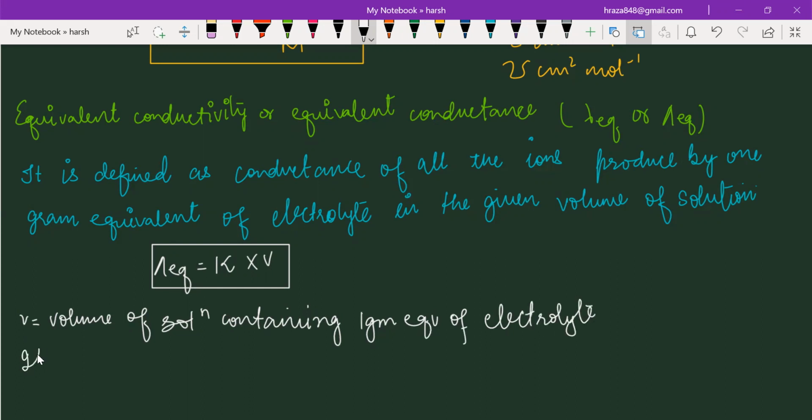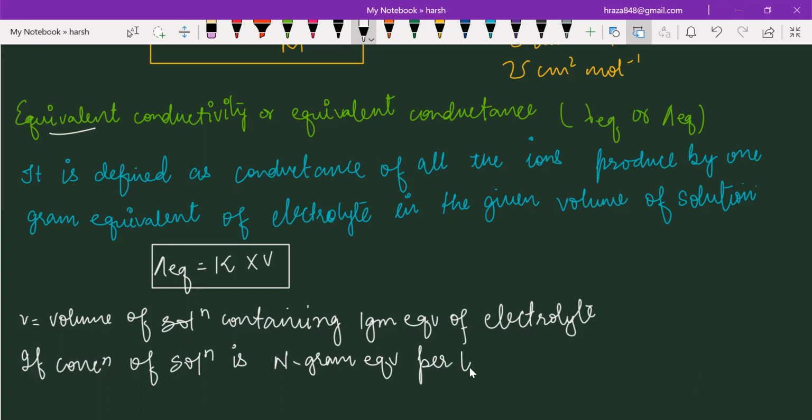Since we are talking about equivalent, we will take normality. If the concentration of solution is N gram equivalent per liter, then please write.